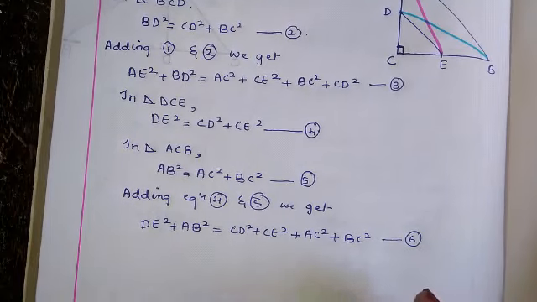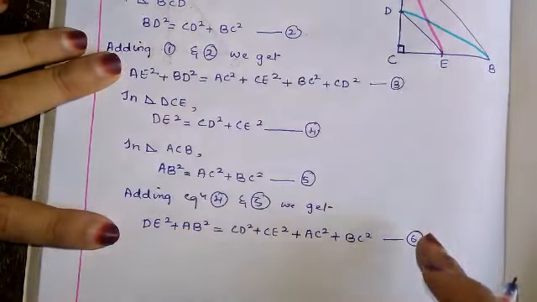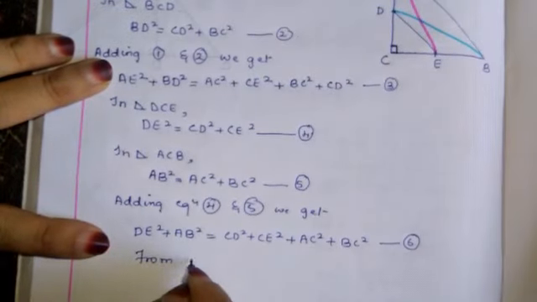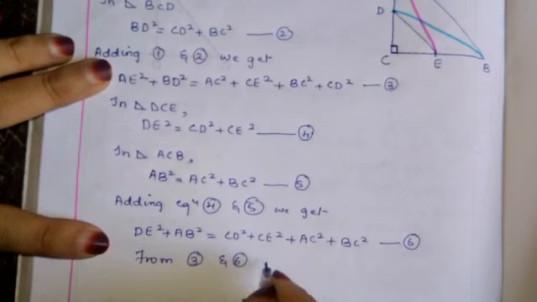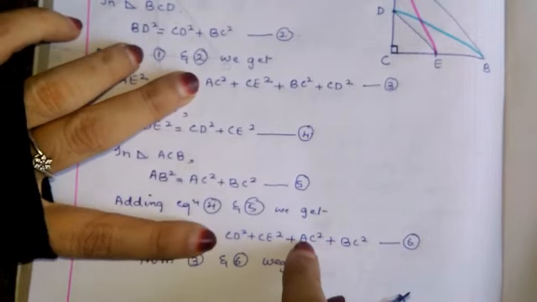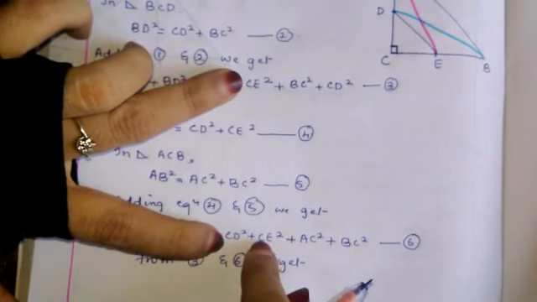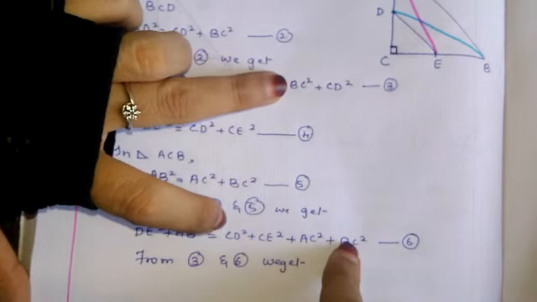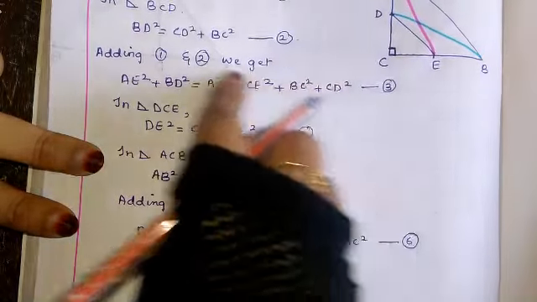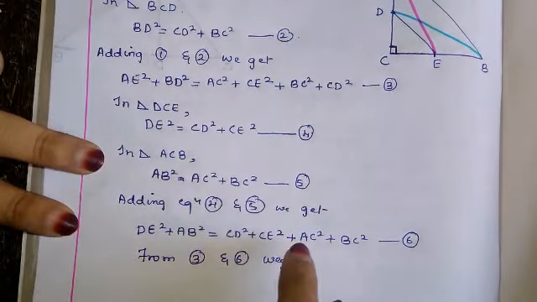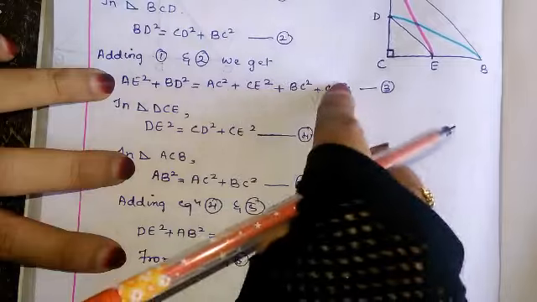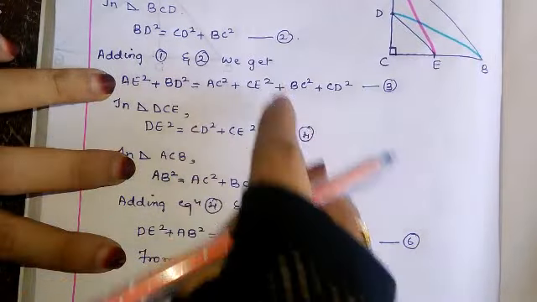Now we can compare the third equation and the sixth equation. See here everybody, AC square, we have AC square here also. CE square, CE square. BC square, BC square. CD square, CD square. That means this and this are completely equal. You can see equation 6 and equation 3, this side is exactly the same.